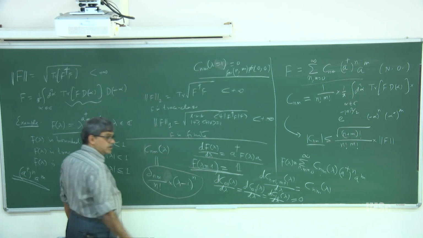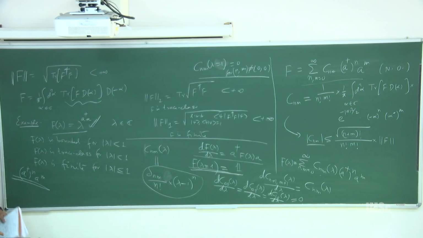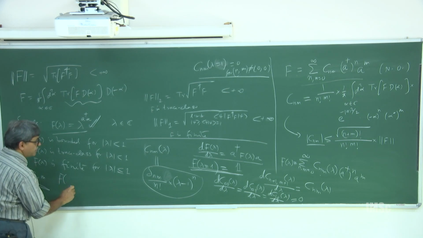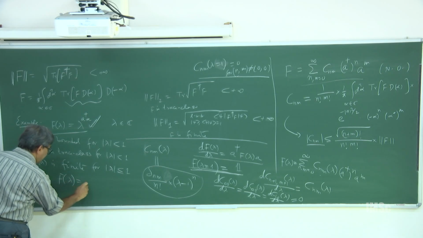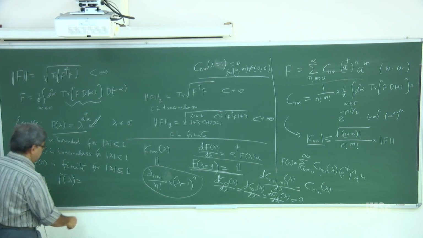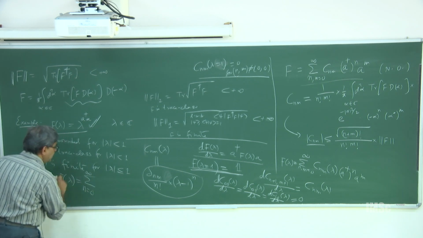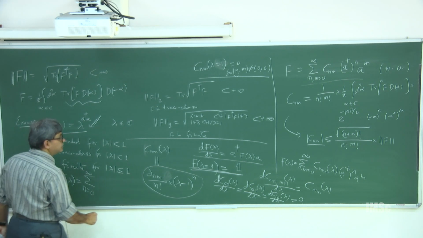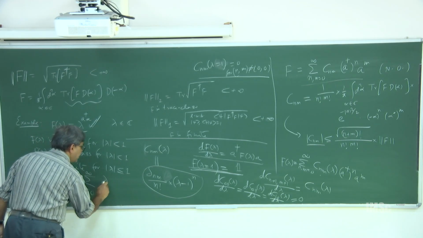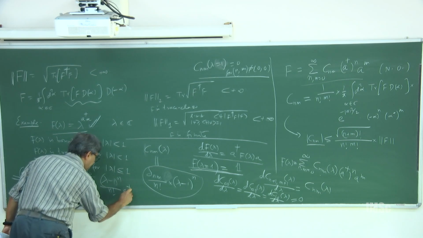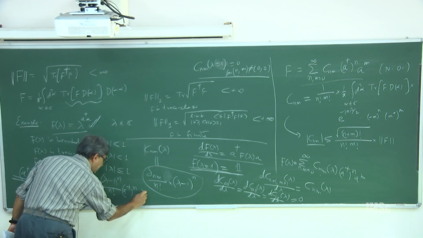So this is basically diagonal, and as a result f(λ) is in this form: sum over n equal to 0 to infinity of (λ minus 1) to the power n by n factorial, a† to the power n, a to the power n.